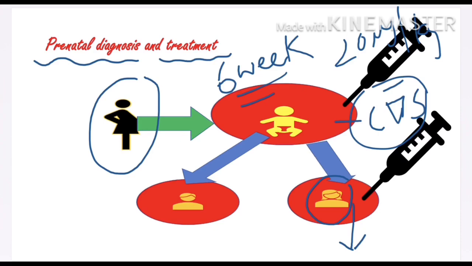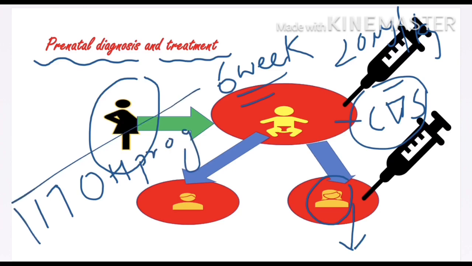Okay, you have to remember in 21 hydroxylase deficiency we have increased level of 17 hydroxyprogesterone. This question is also frequently asked.